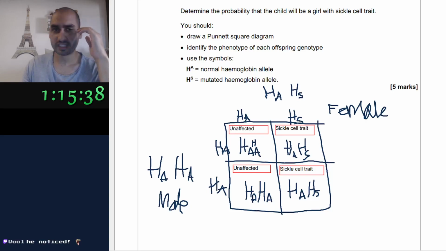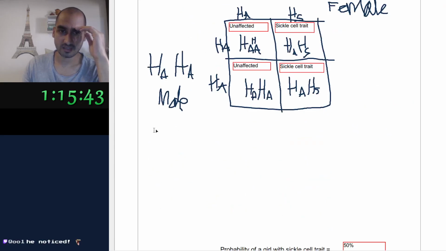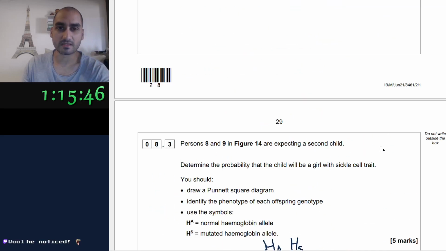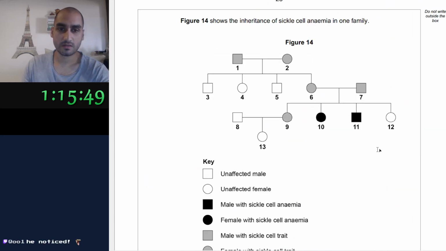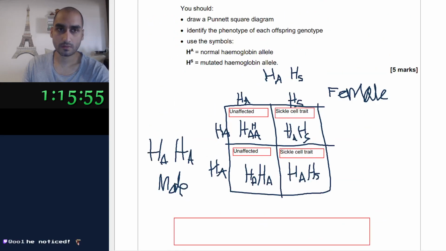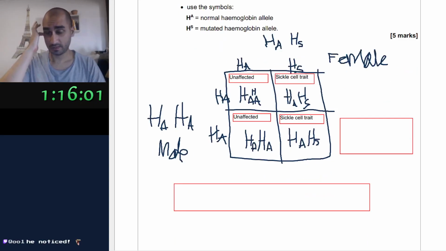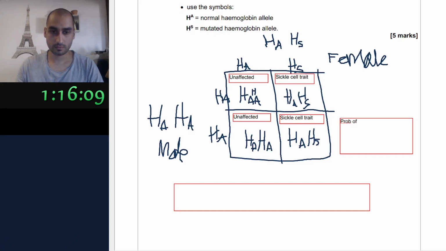Wait, I don't think that changes the Punnett square diagram. I think you can just say it's independent, right? So I can just say, okay, from this we can get prob of, hang on. Okay, prob of sickle cell trait equals 50%.